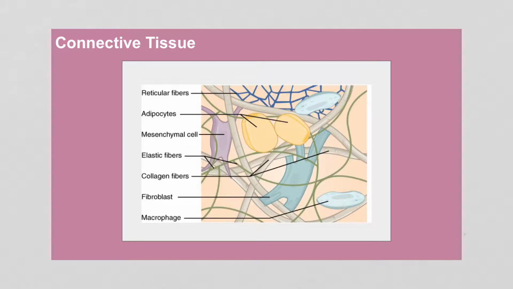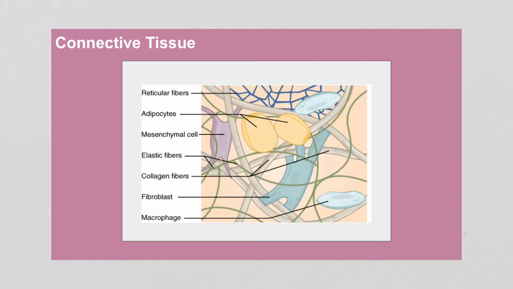But everything else you see is this non-living extracellular matrix. And this non-living extracellular matrix is made up of ground substance. You can think of ground substance as kind of like jello, right? It's a suspension that holds proteins, proteoglycans, and protein fibers. And then we have the actual fibers themselves.